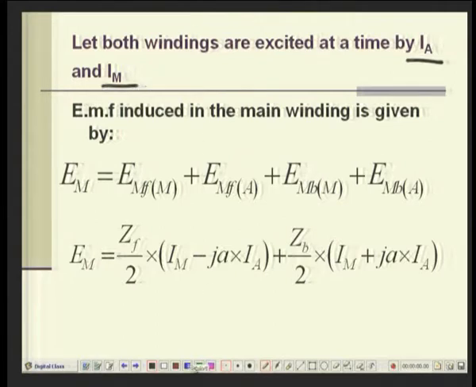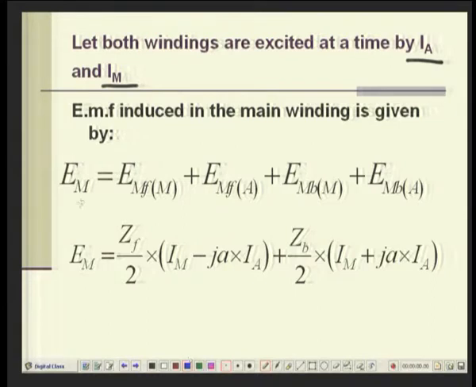If both are excited, there is a voltage due to the forward field due to main, a voltage due to the backward field due to main, a voltage due to the forward field due to auxiliary, and so on. We can always sum them up. My main winding is excited with the current IM and the auxiliary winding with the current IA.